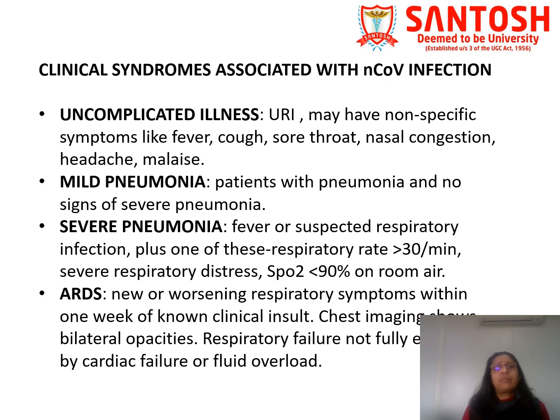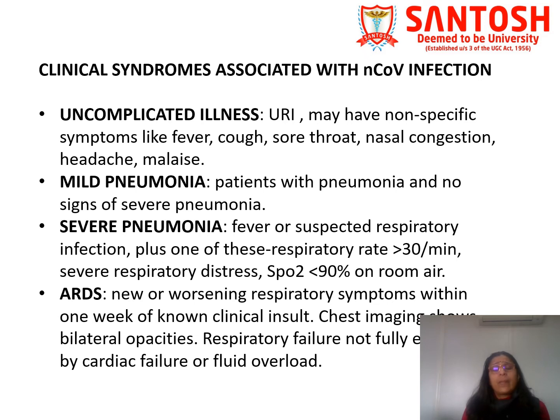Very non-specific symptoms. Or there could be a picture of mild pneumonia, in which the patients would be showing the signs of pneumonia, like fever, a little more severe cough, chest indrawing, or difficulty in breathing.